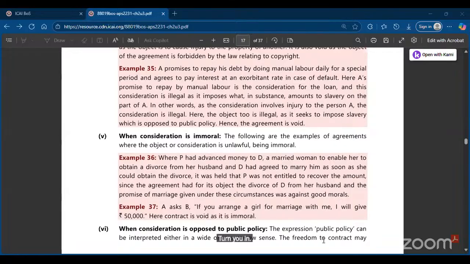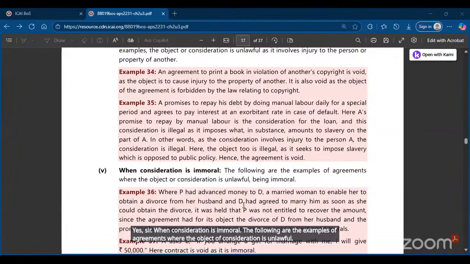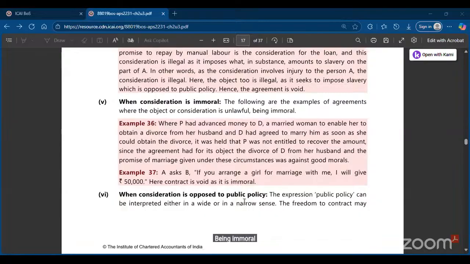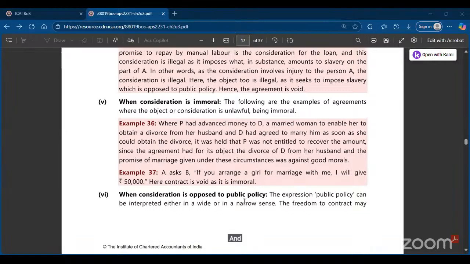When consideration is immoral, the following are examples of agreements where the object of consideration is unlawful, being immoral. Where P had advanced money to D, a married woman, to enable her to obtain a divorce from her husband, and D had agreed to marry him as soon as she could obtain the divorce.